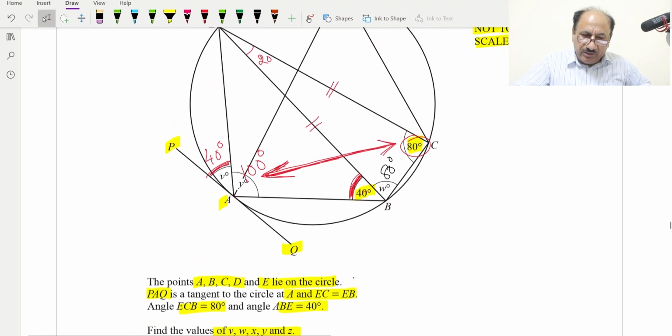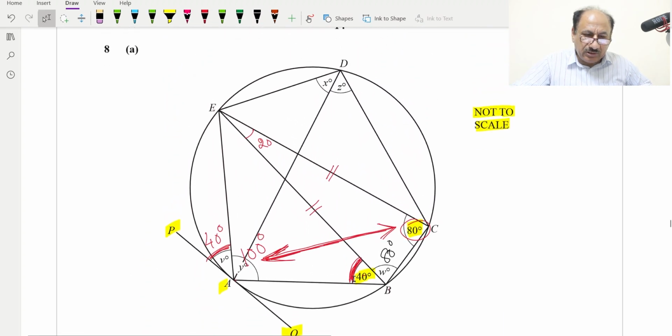Two angles are remaining, x and z, so we will check for those. We can figure out the other angles also. Basically this angle is 40 plus 80, so we can figure out these two angles also. I will change the color.